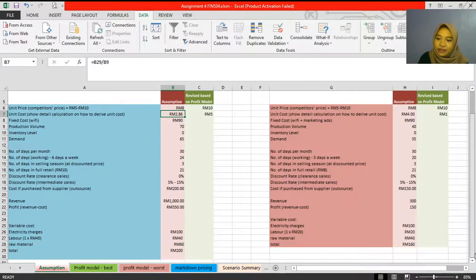The revenue is 300 ringgit. The profit is 150 ringgit.